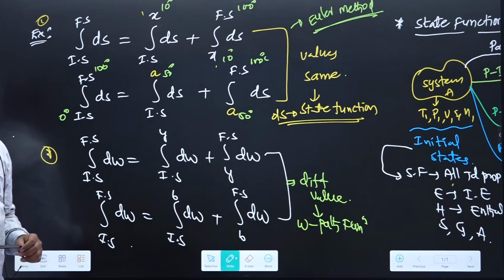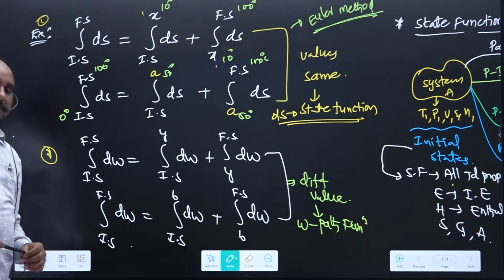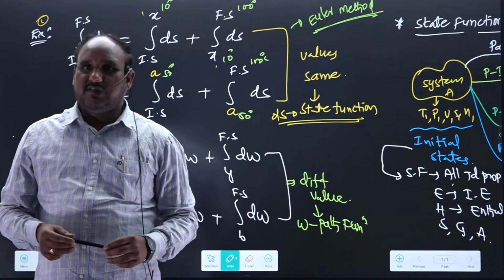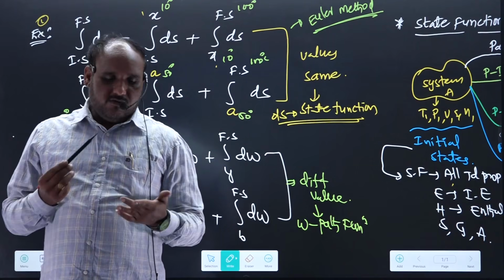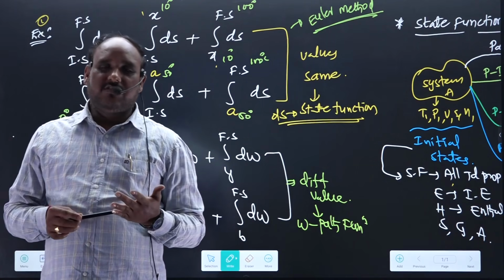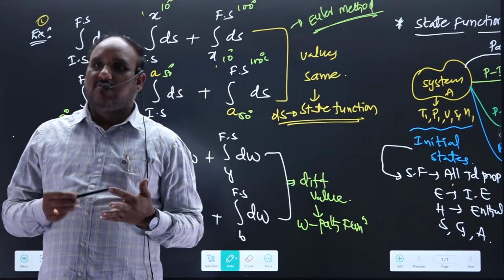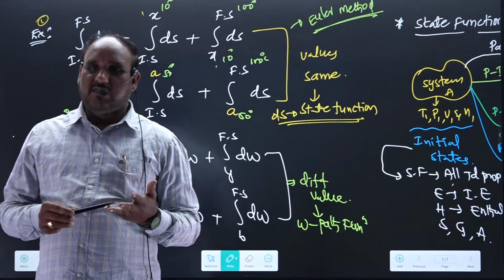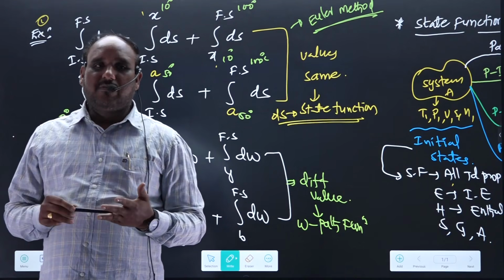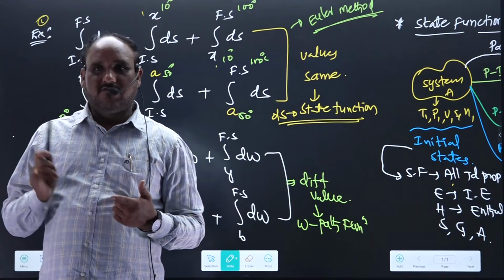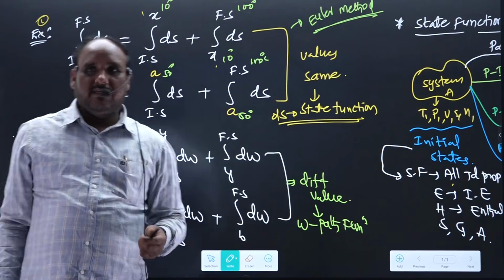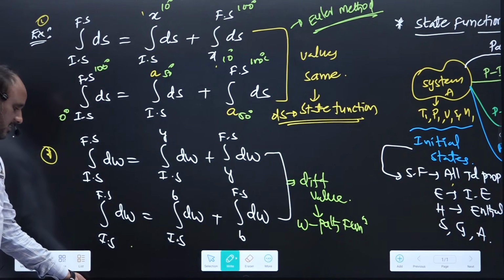So thermodynamic properties are exact differentials. What is the concept of exact differentials? Then we have to go into detailed definitions of all those. What is heat? What is work? What is internal energy? What is enthalpy? Like that we move, followed by the zeroth law of thermodynamics and the first law of thermodynamics. Slowly we move on to the main topic. Okay, so that will be discussed in the next class.